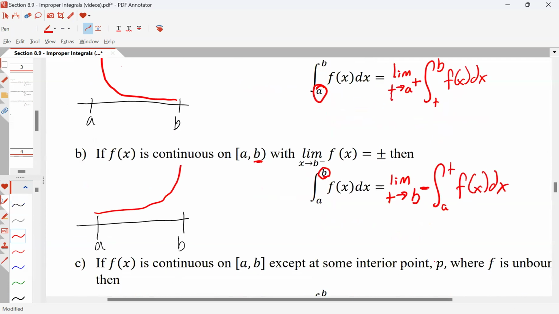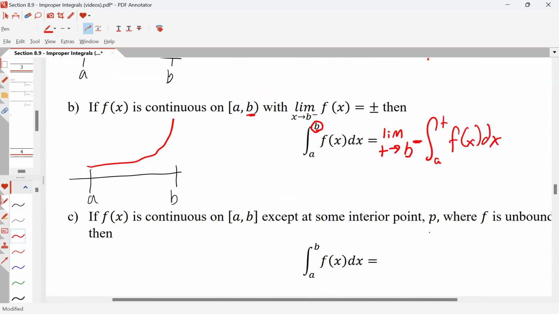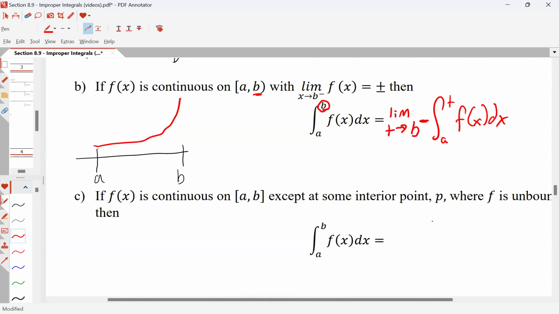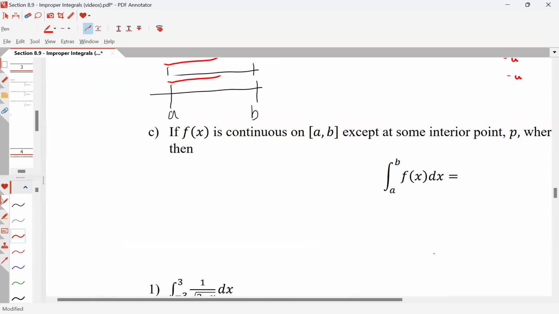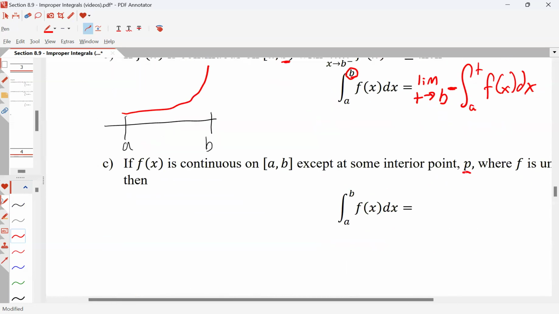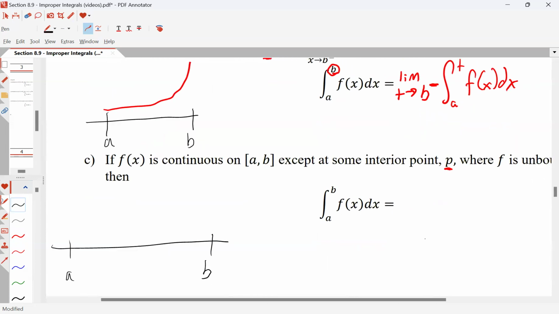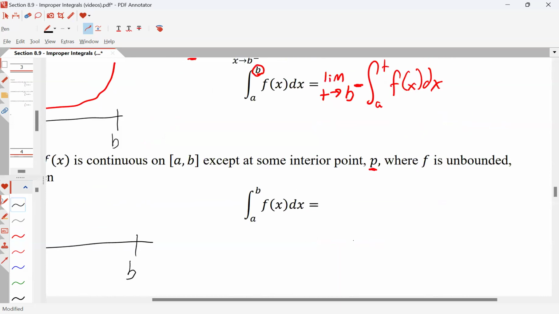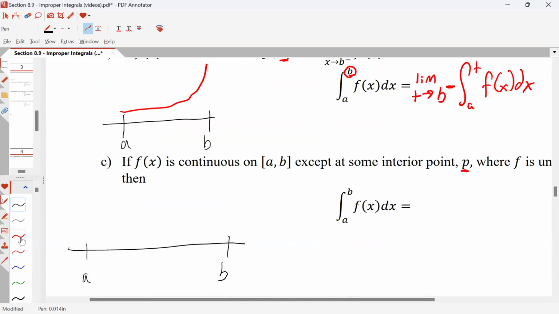And then our last case is suppose it's continuous from a to b except for some random point p in the middle, where we have a problem of an asymptote.